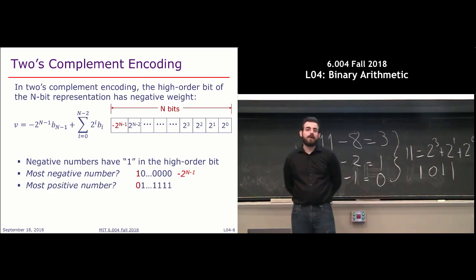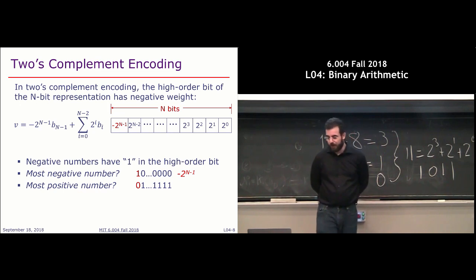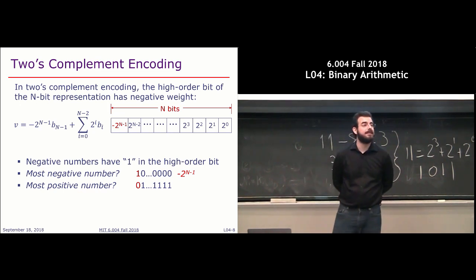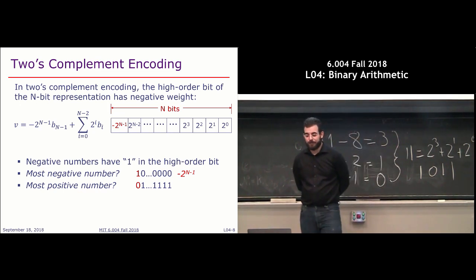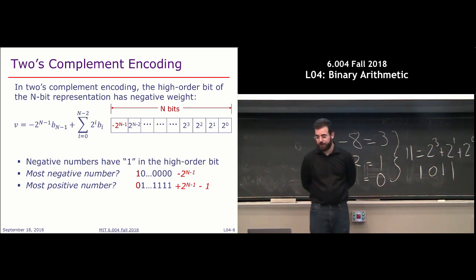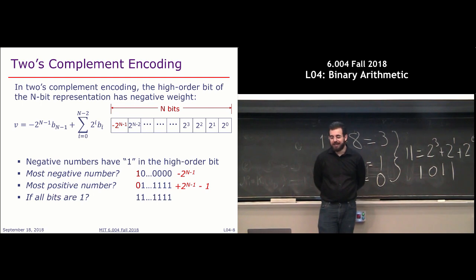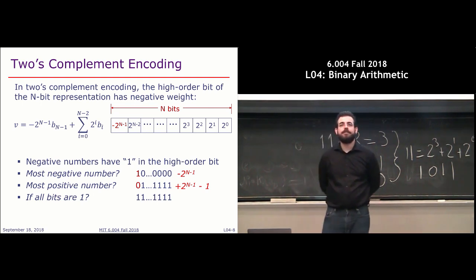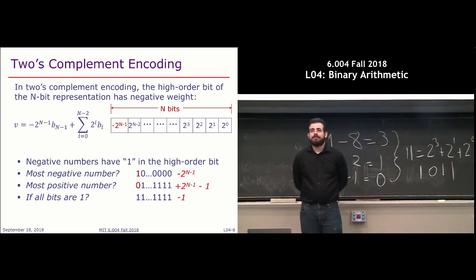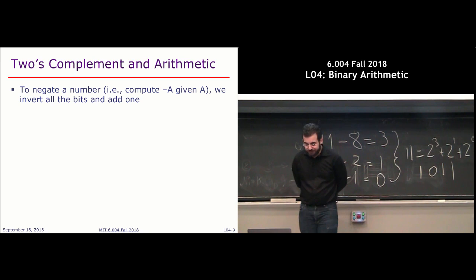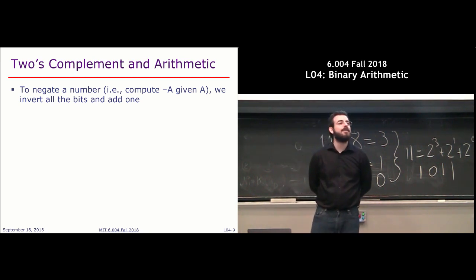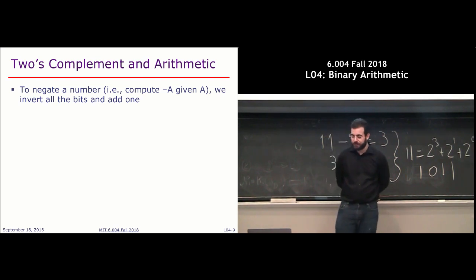The most positive number is the largest number, so 0 followed by all 1s. And that is 2 to the n minus 1 minus 1. And what does the all 1 string represent? What number does it encode? Negative 1. OK.